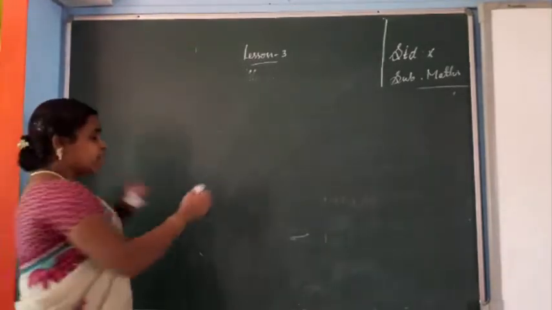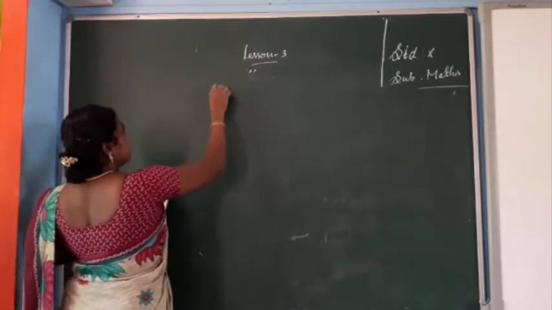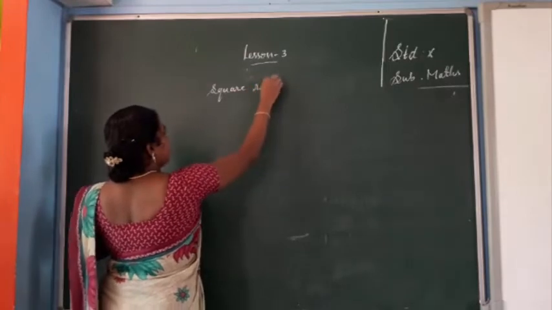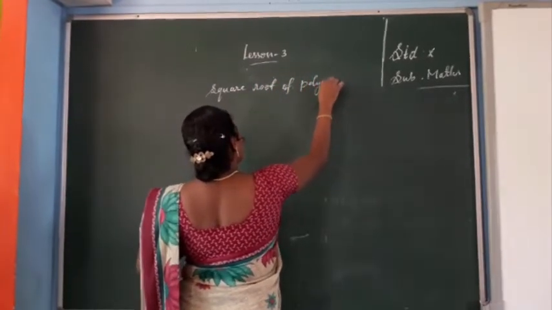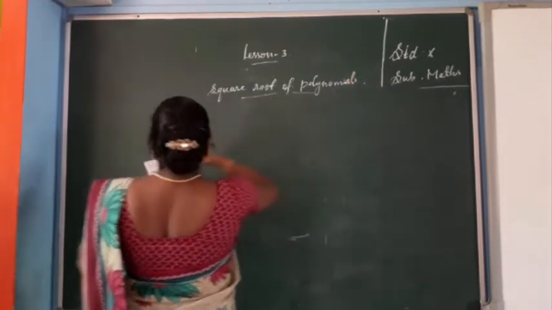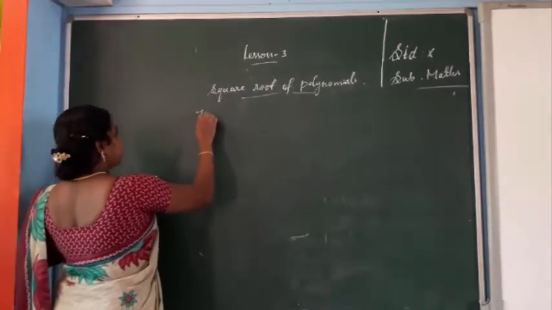Okay, next concept, square root of polynomials. So first type, find the square root by factorization method.